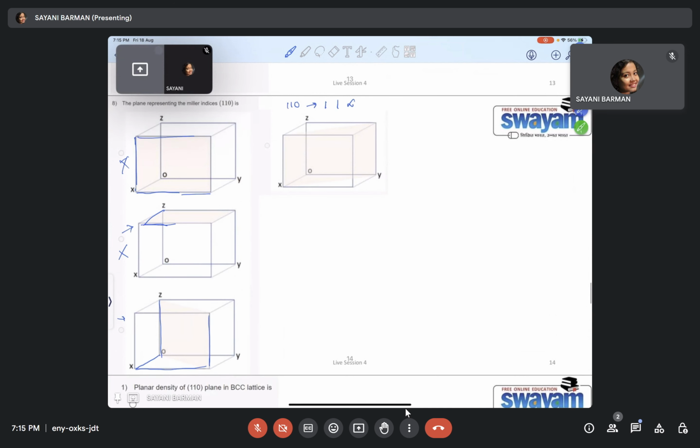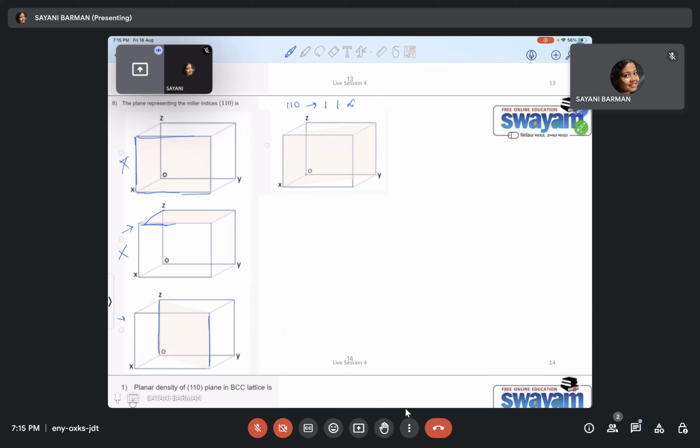So this is possible, right? Now if we do this, okay, I have made a mistake here. That's fine. It's not intersecting with the x-axis only. There is no intercept on the x-axis, right? So it is just z-axis parallel. So this will not be the option.